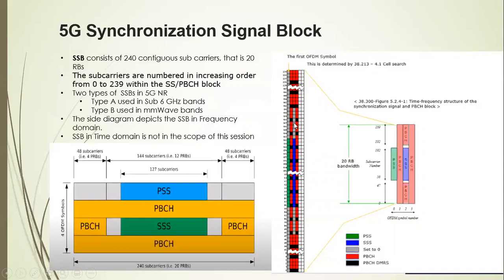In the resource grid, the black rectangles are all demodulating reference signals, which are basically for the devices to measure the signal strength at the time of synchronization. So we will come to know why we need these DMRS instances in between the resource grid at the time of transmitting system information, at the time of synchronization.